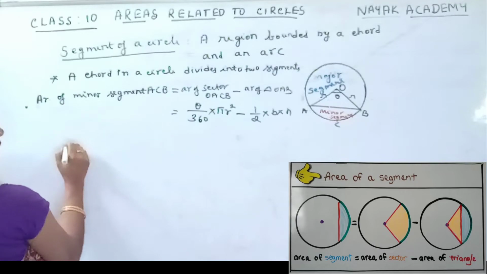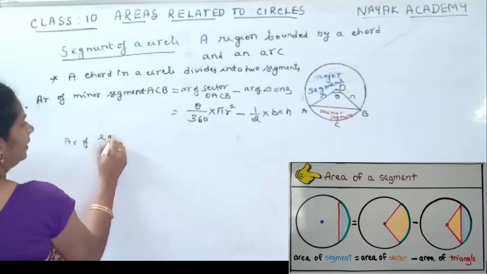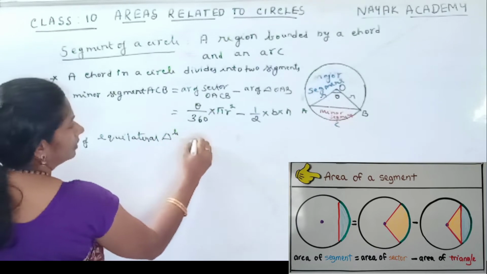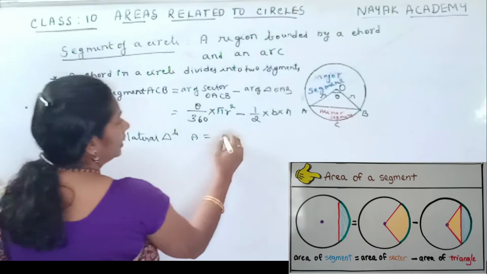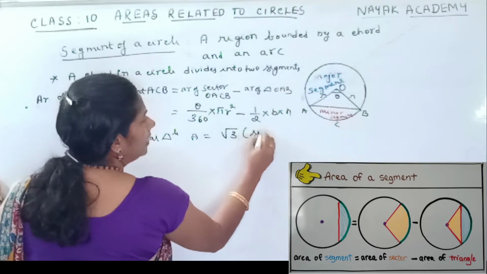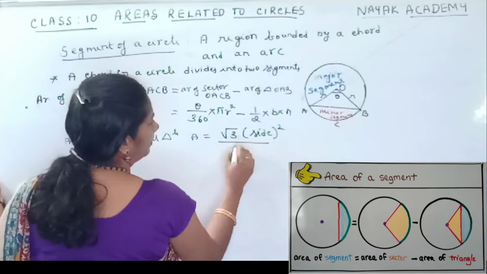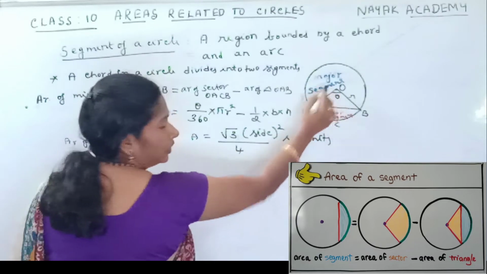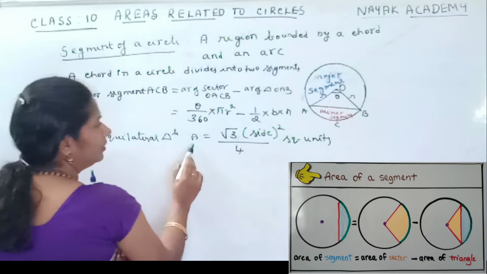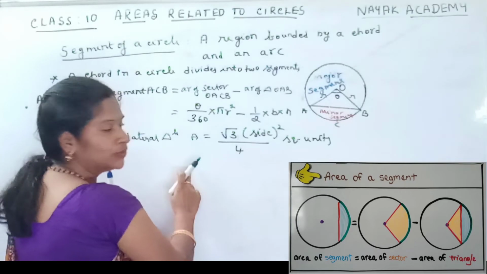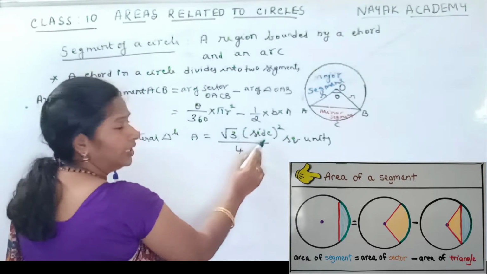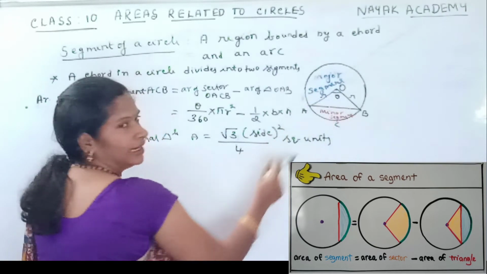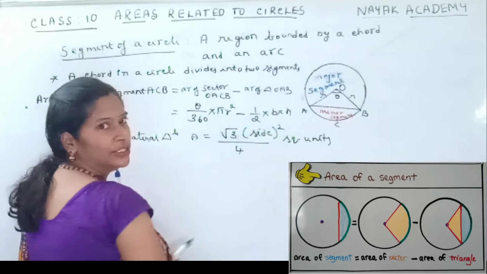There is one more formula, area of equilateral triangle A equal to root 3 into side square divided by 4 square units. If this is an equilateral triangle, then you have to find the area using the formula A equal to root 3 side whole square divided by 4 square units. If it is a right angle triangle, then you use half into base into height.